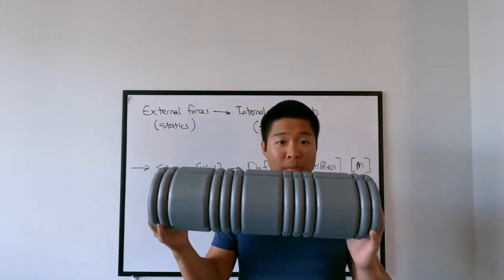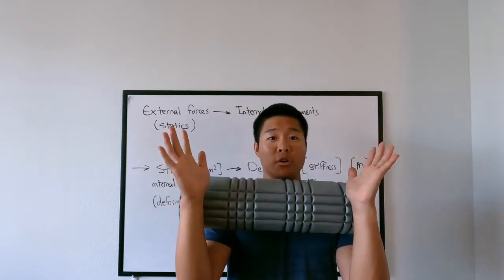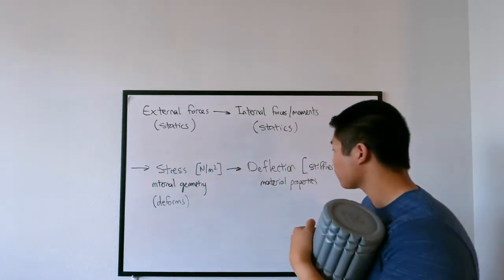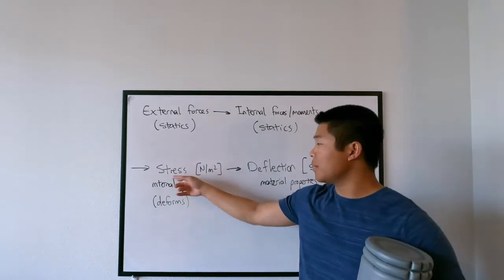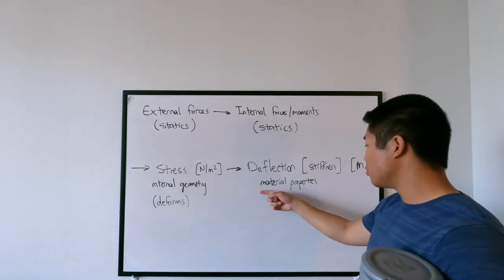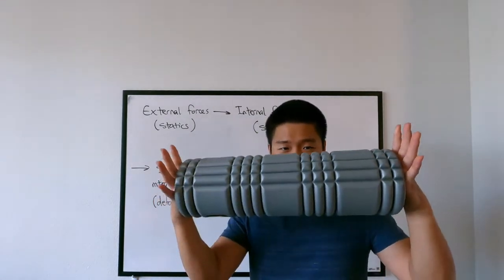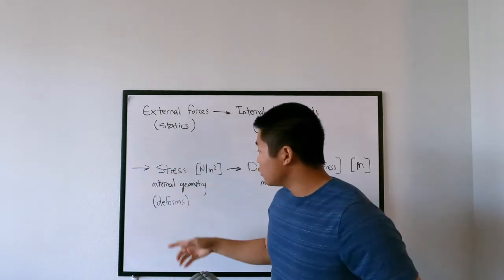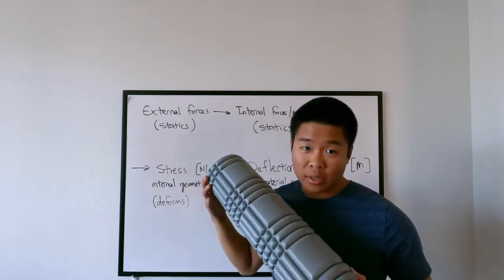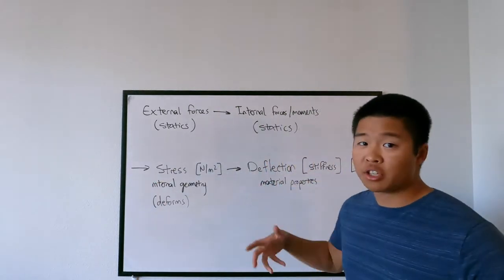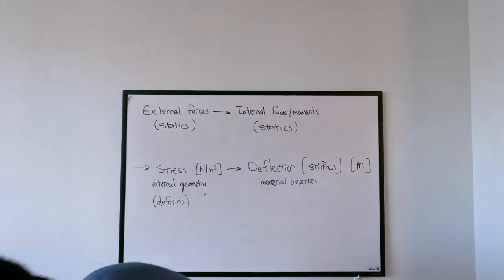Now, if this were made out of marshmallow, it would just shrink, because the marshmallow is very soft. But that has nothing to do with the amount of stress, because that has to do with the material properties. Now, if this were made out of steel, if I try to squeeze it, it endures the same amount of stress that the marshmallow one did, but it doesn't shrink as much because the material is much more stiff.